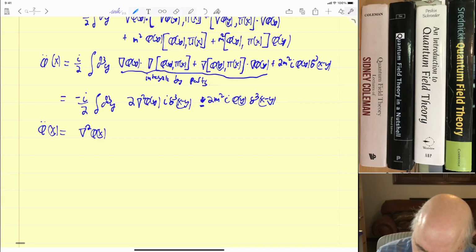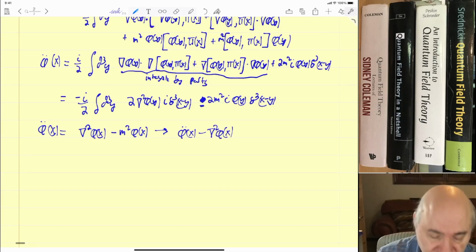So over here, I'm going to get minus i times minus i, so it's minus, so I get minus m squared phi of x. And this is the same thing as phi double dot of x minus del squared phi of x plus m squared phi of x equals 0. That's good. That's our Klein-Gordon equation.